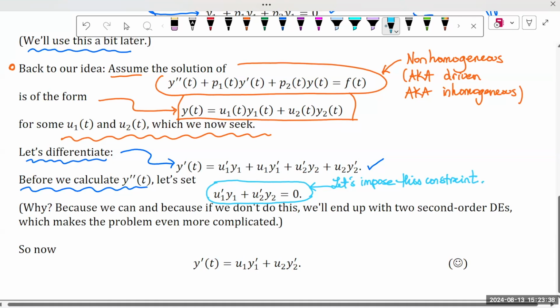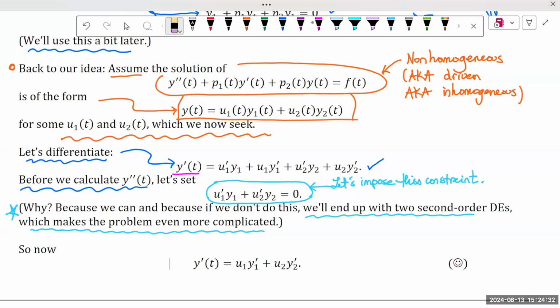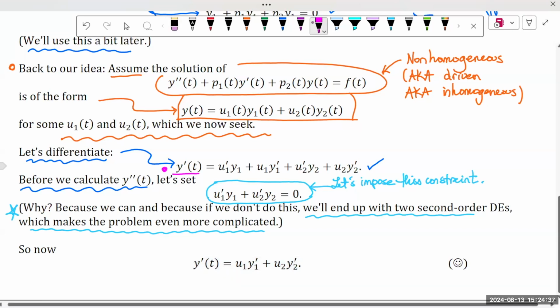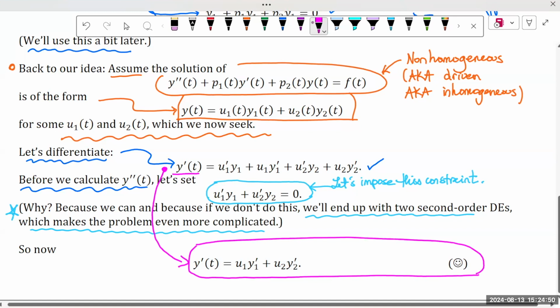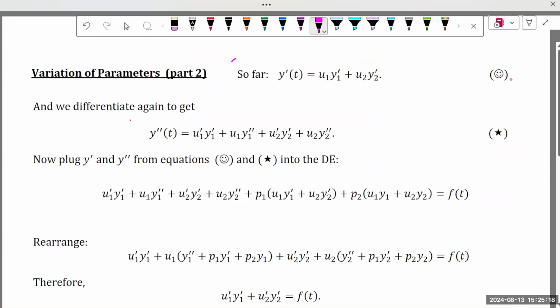Well, we can do anything we want because we made up u1 and u2. And so we are going to make u1 and u2 help us with the form that we give them. What does this now give us? We have now created a simplified form for the first derivative y prime, which is u1 y1 prime plus u2 y2 prime. On the next page, we have moved that equation to the top here.